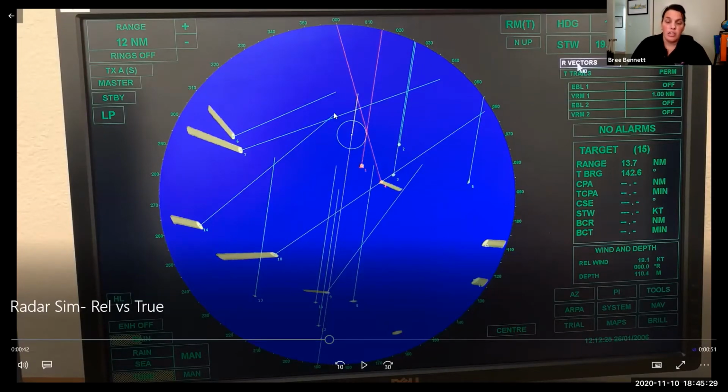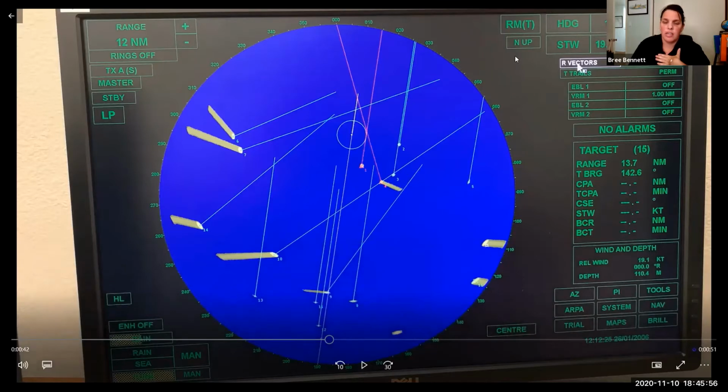So looking at this, I know that these guys are going to pass behind me. That's a quick reference, which I think is the most important to see: is it a risk of collision or not? And then you want to know how my move is going to affect their relative motions. So let's get into the PowerPoint, and I think it'll make more sense. We'll look at those rules at the end of today's class, and hopefully it will make more sense.